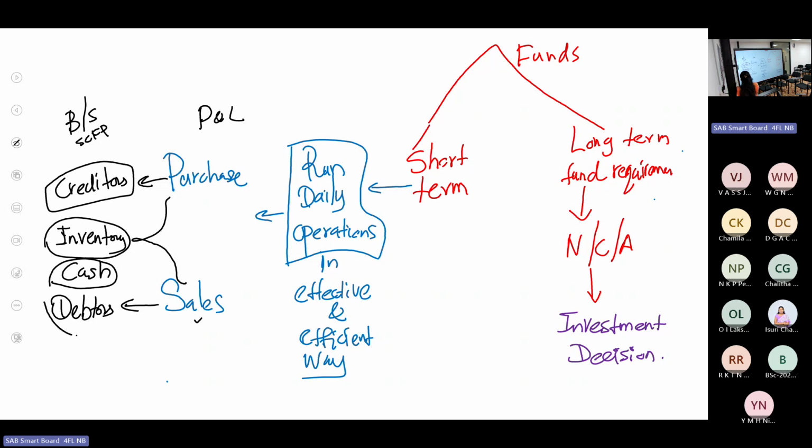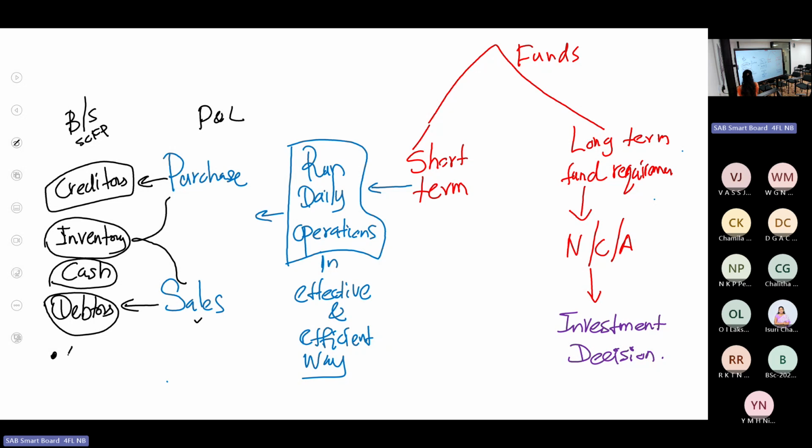Other than that, we might have accrued payments, accrued receipts, accrued prepayments, sometimes other short-term investments, 3-month loans, 3-month investments, saving deposits and all, which come under current assets and current liabilities, right? All are impacting the running of the daily operation.